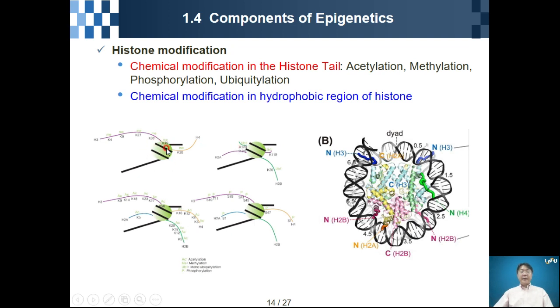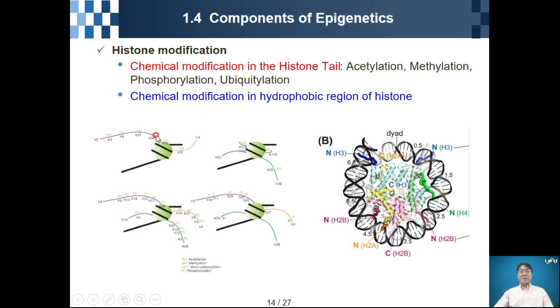Histones have their own tails. For example, this is the H3 histone protein, and this is the H4 histone protein, like this. Usually the histone modification happens in the histone tail. In the histone tail, there are lots of acetylation, methylation, phosphorylation, and ubiquitination.